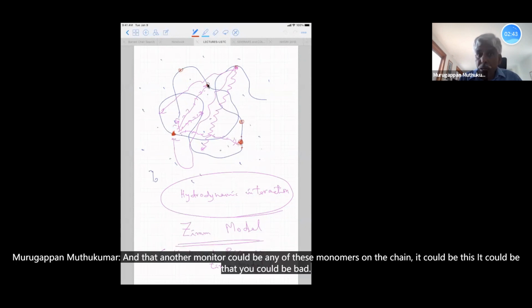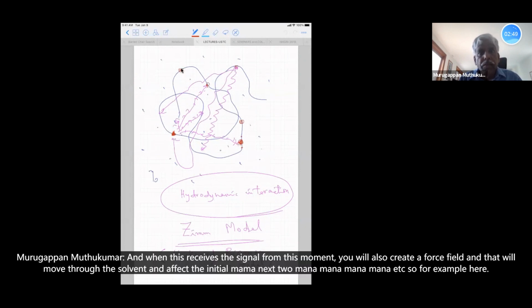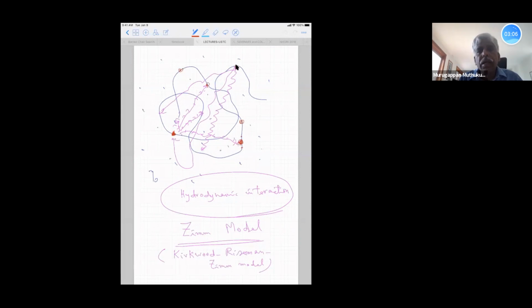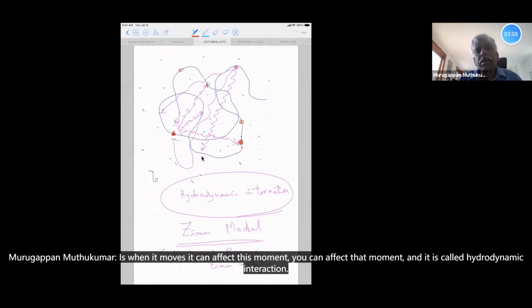And that other monomer could be any of these monomers on the chain. It could be this, it could be that. And when this receives the signal from this monomer, it will also create a force field, and that will move through the solvent and affect the initial monomer, next monomer, another monomer, etc. So for example, here, when it moves, it can affect this monomer, it can affect that monomer.